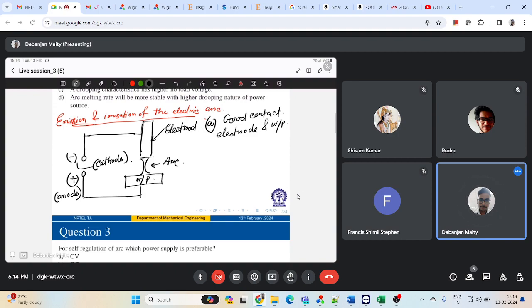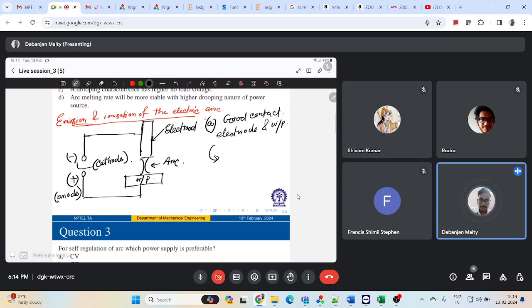Now, initially, when you are making this contact between the electrode and the workpiece, thereafter that electrode is withdrawn. And whenever you withdraw that electrode, what is happening? Some kind of metallic bridges, formed because of contact, will start breaking.